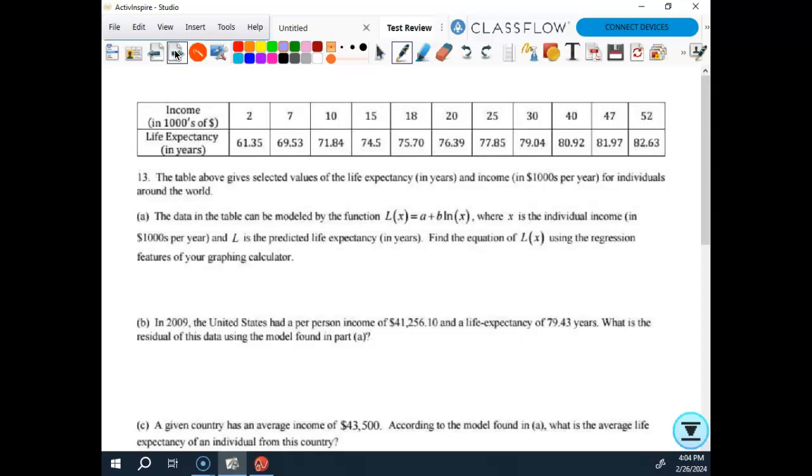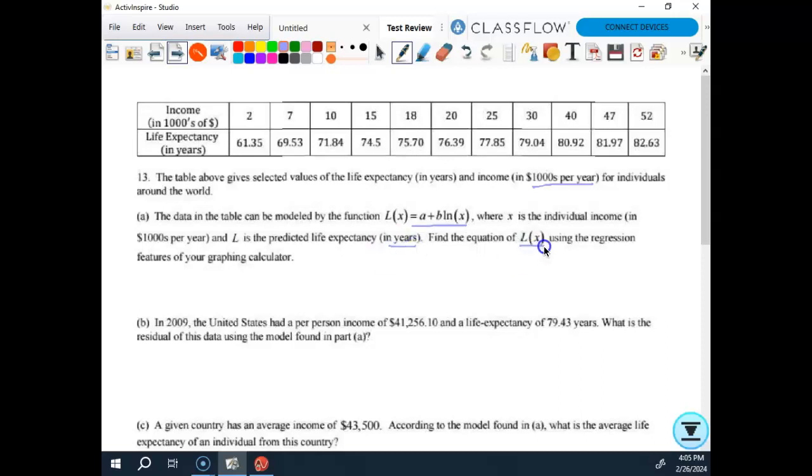All right, table above collected values of the life expectancy in years and income in thousands per year, so we've got to pay attention to that, for individuals around the world. The data in the table can be modeled by this function, okay, where X is the individual income in thousands per year and L is the predicted life expectancy in years.